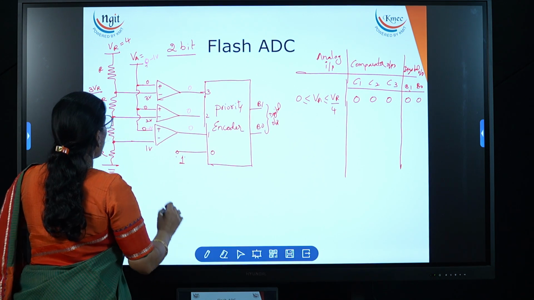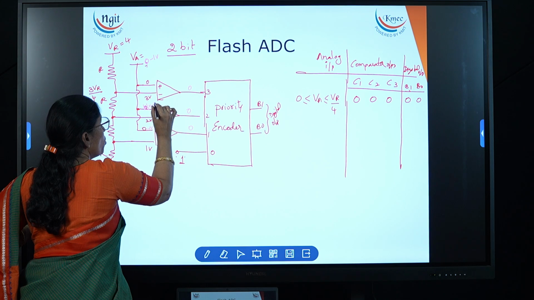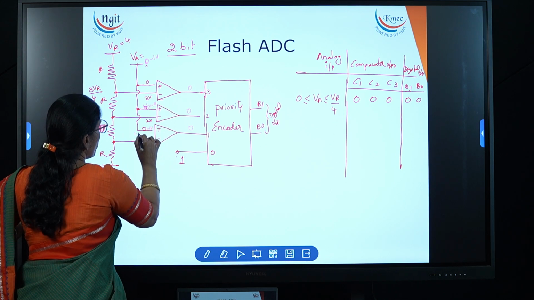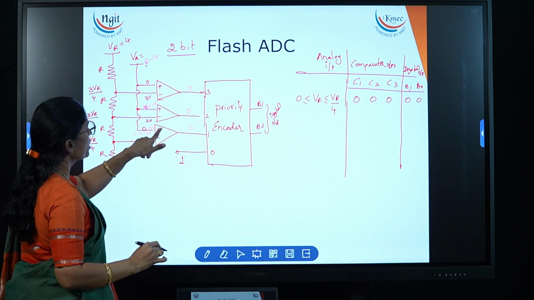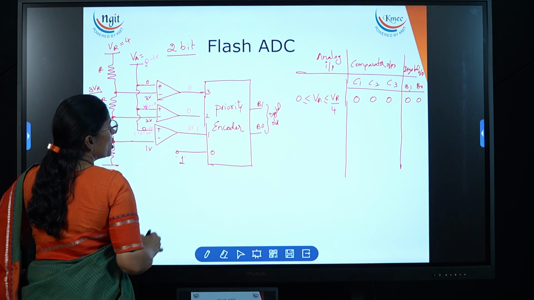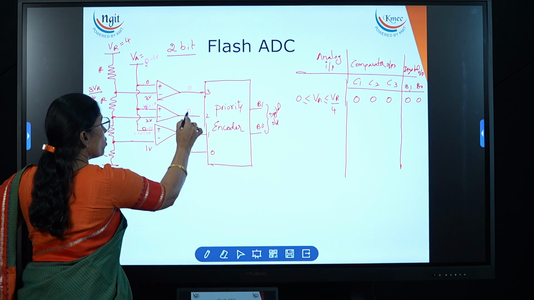Now if I apply 1.1 volts to 2 volts, what happened in this case? The positive voltage is more, that's why we get the logic 1 over here. In the other cases the negative voltage is more, that's why 0 and 0.